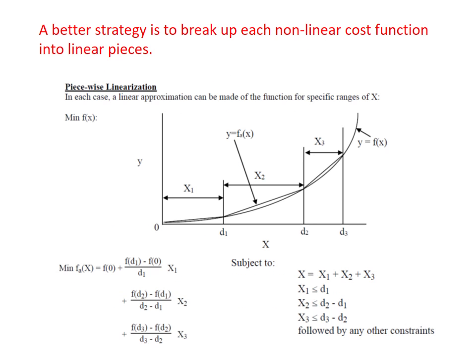So a much better strategy when it comes to converting a nonlinear cost function into something that's linear so that it can be incorporated into a linear program is piecewise linearization. So we're taking some sort of nonlinear cost curve and we're breaking it up into different intervals, and each individual interval we will represent through some sort of linear approximation.